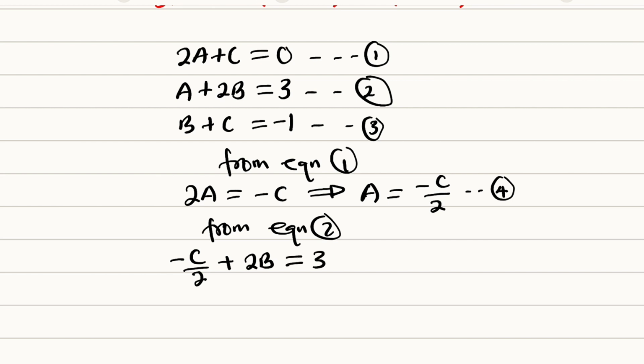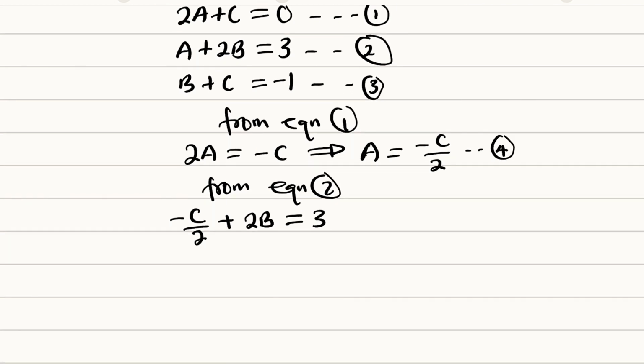We can multiply each term by 2 to clear the fraction. -c divided by 2 multiplied by 2 will be -c, plus 2b multiplied by 2 is 4b. To the right, 3 multiplied by 2 is equal to 6. Now this is another equation we form by substitution.